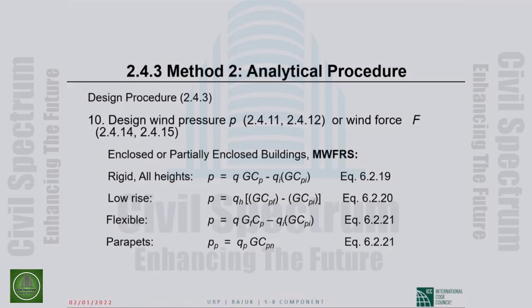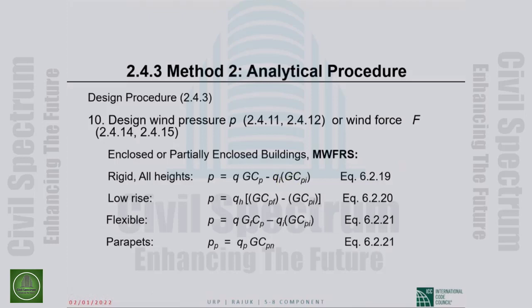the pressure due to wind is the external pressure q G C sub P minus, as we have seen, q sub i, the velocity pressure for internal pressure, times G C sub Pi. This is the number that is either plus or minus 0.18 for enclosed buildings or plus or minus 0.55 for partially enclosed buildings. q sub i, I have mentioned to you, we typically take as q sub h.